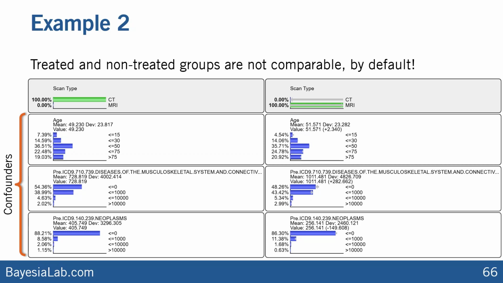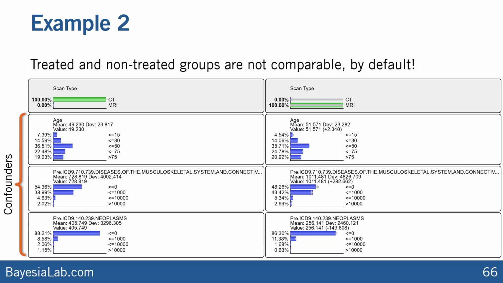What you see here on the left is the distributions of the patients that had a CT scan, and then on the right you see the scan type MRI. And if you look closely, you can see that these distributions are not identical. So the treated and the non-treated in this case are not comparable. So that's the whole objective of matching, that we make them comparable.